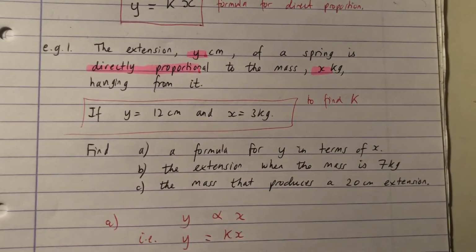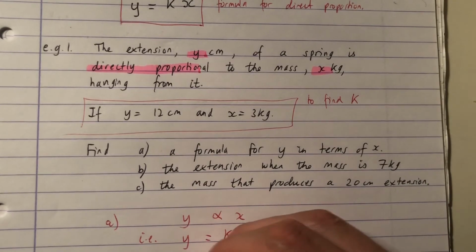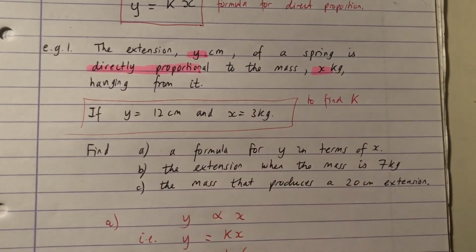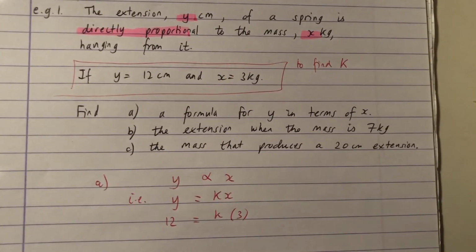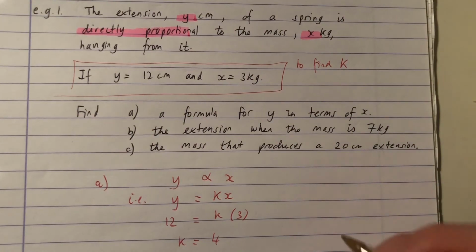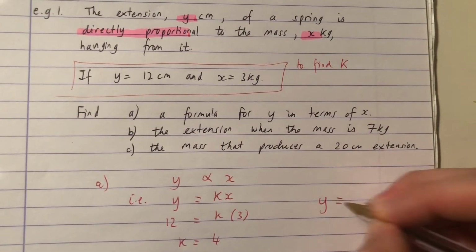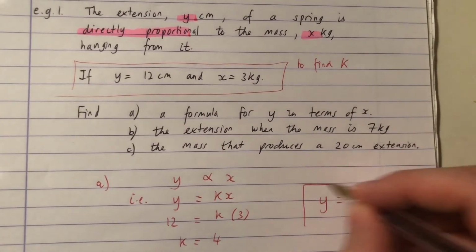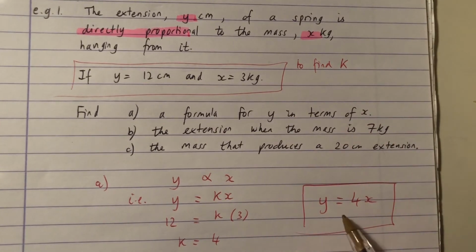We replace the y with a 12, we replace the x with a 3, and if you solve this equation, you end up with k equal to 4. So the formula is y is equal to 4x. The extension is equal to 4 times the mass. That is the formula.